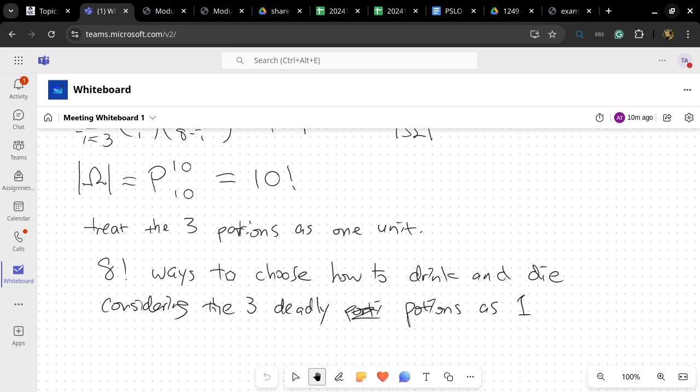Out of the 8 remaining potions, 1 is always deadly, and you're going to drink all 8. So the answer to this particular question is 8 factorial. I answered the question already, but that's not the answer, because of the 1 potion that is deadly here, you remember the rubber band, or you're pre-mixing the 3 deadly potions.